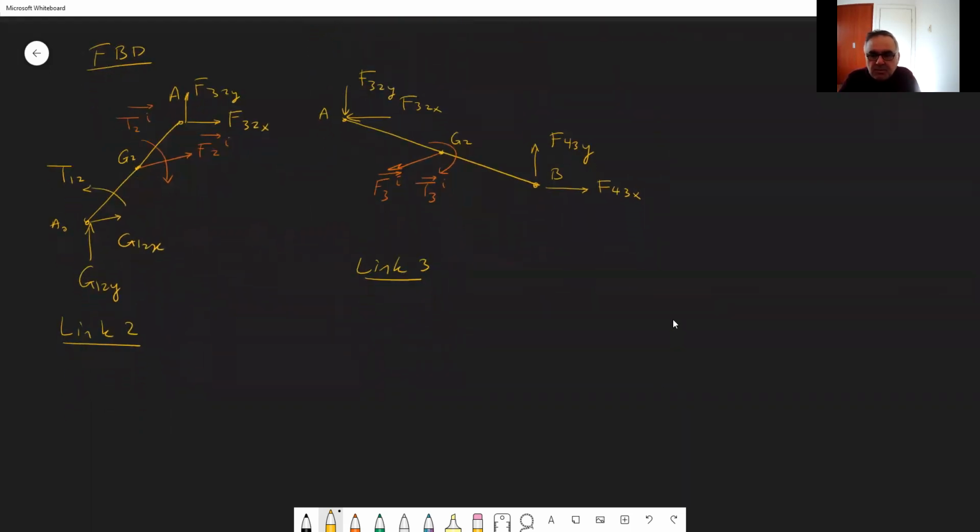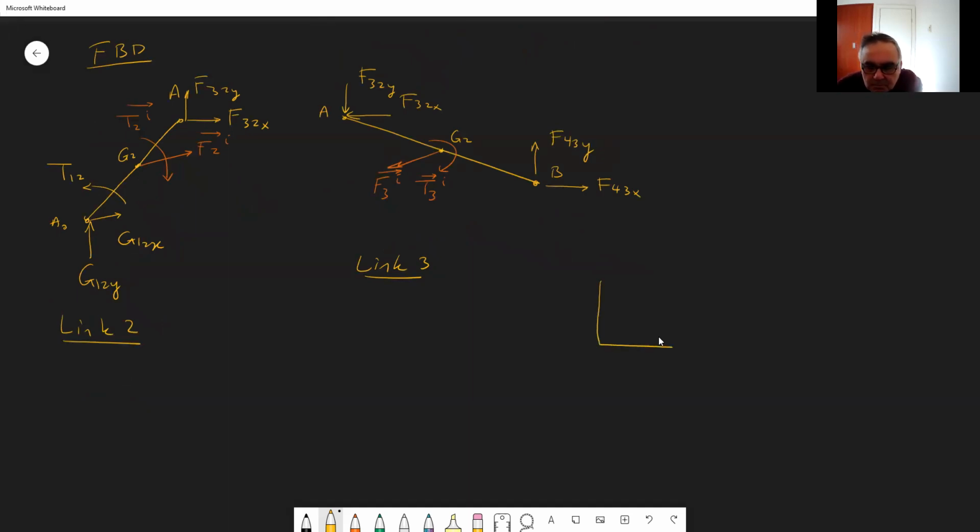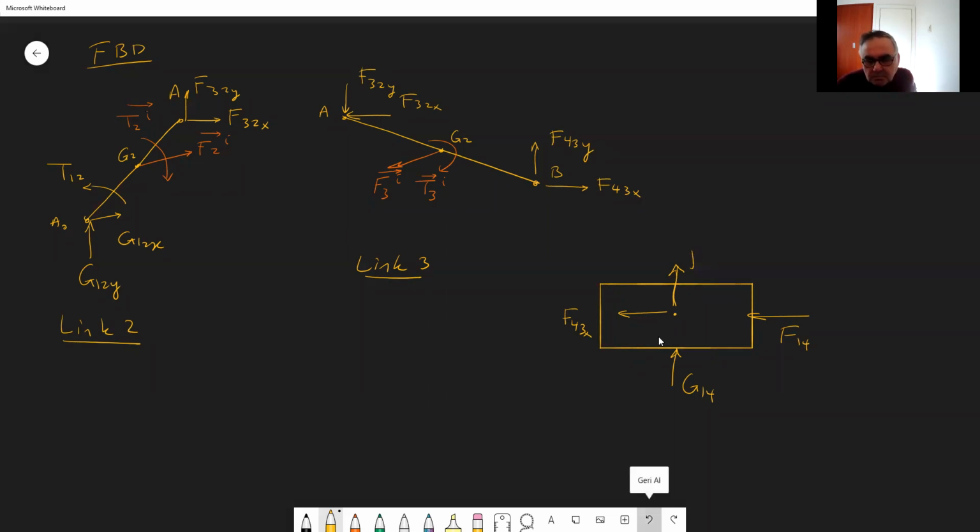Let me draw it here. And there is the inertia force, which is this. Let me just use another color.